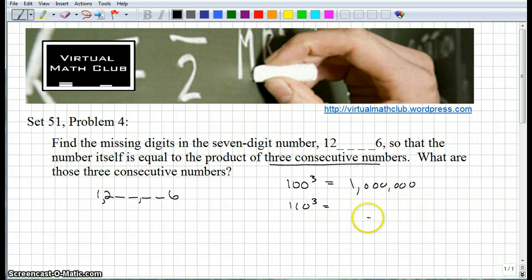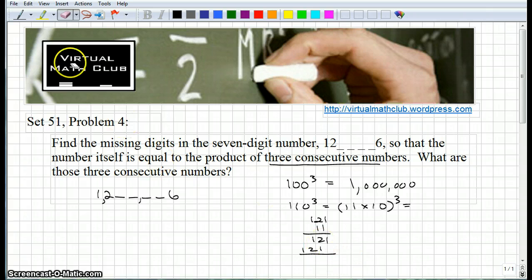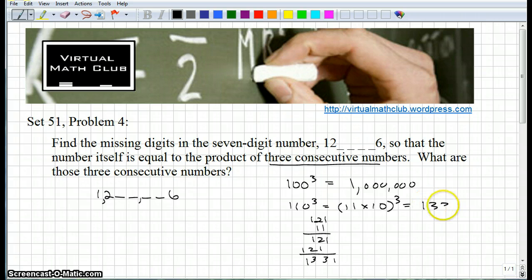Essentially it's 11 cubed times 10 cubed. 11 times 11 is 121, times 11 gives 1331. So 11 cubed is 1331, and then times 10 cubed adds 3 zeros to it.